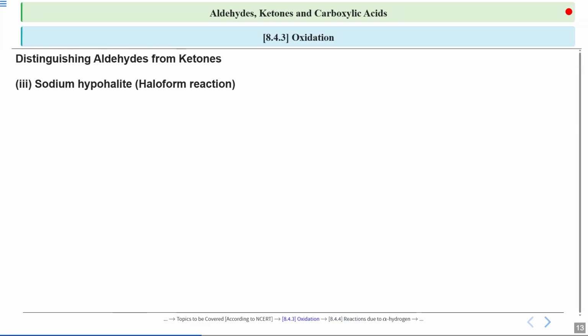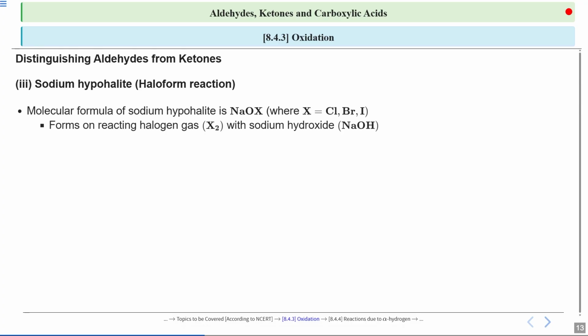Now we will discuss the third oxidizing agent, which is sodium hypohalite, or I can say the haloform reaction. This is used to distinguish methyl ketones from other ketones and aldehydes. Sodium hypohalite has the molecular formula NaOX, where X can be chlorine, bromine, or iodine.